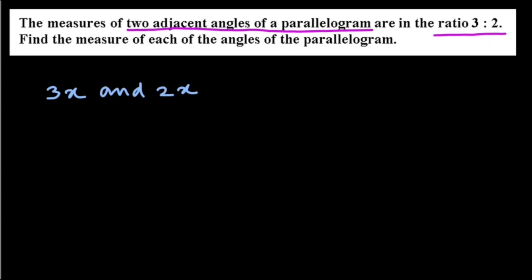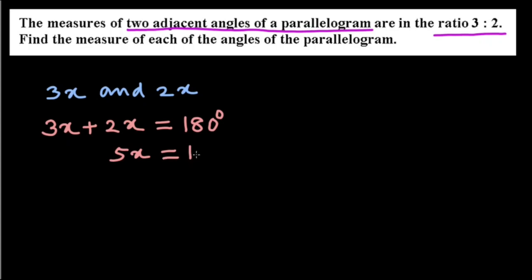Since the adjacent angles of a parallelogram are supplementary, we can write 3x plus 2x equals 180 degrees. That will be 5x equals 180, x equals 180 upon 5.